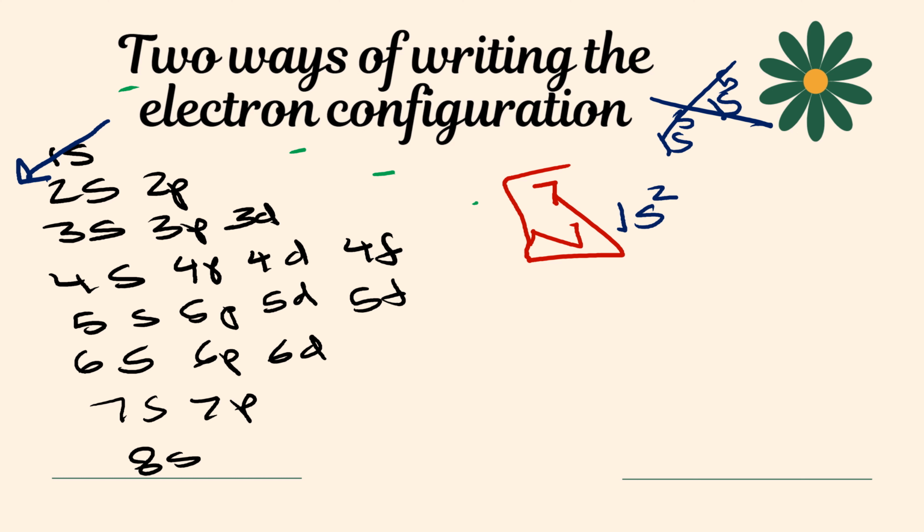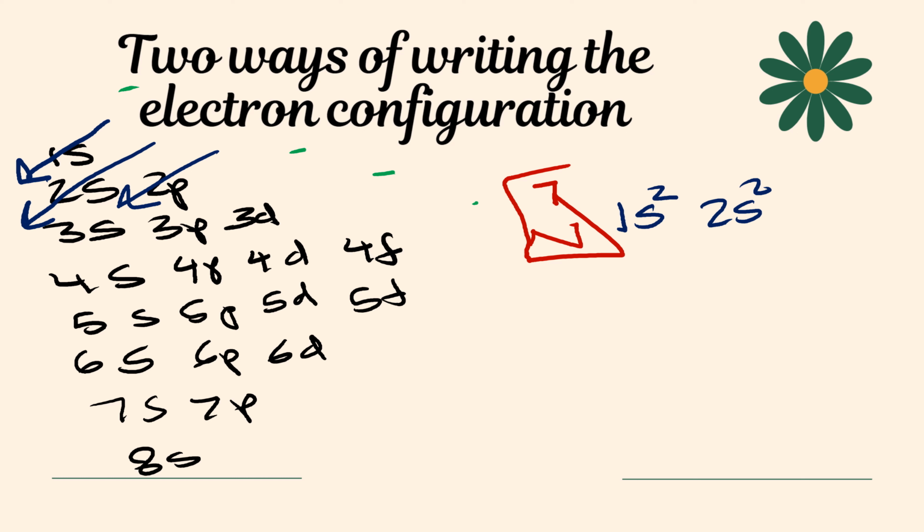S can hold 2 or less, so I can write 1s1, but not more than 2. Then we have 5 electrons left, and going diagonal, 2s2, and then 2p, we have 4 used, we're left with 3, so 2p3. This is the electron configuration.